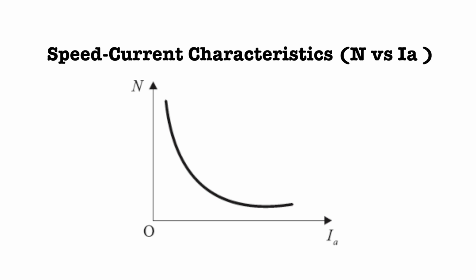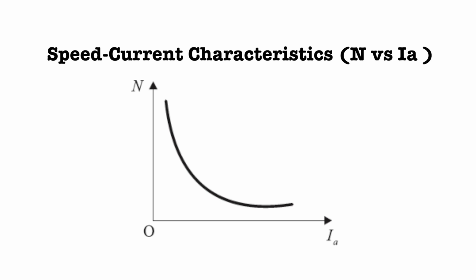So the values of the armature resistance and the series field winding resistance are so small that the effect of change in speed overrides the effect of change in drop on the speed. Hence, in the speed equation, Eb is equal to Vt, which can be assumed constant. So the speed equation reduces to N is proportional to 1 by Ia.